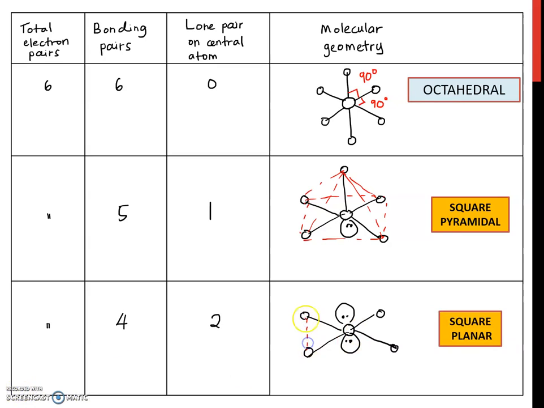So the change in structure is because of the lone pairs and bonding pairs, the repulsion between them. So this one, the base is a square in one plane. That's why the name is square planar.